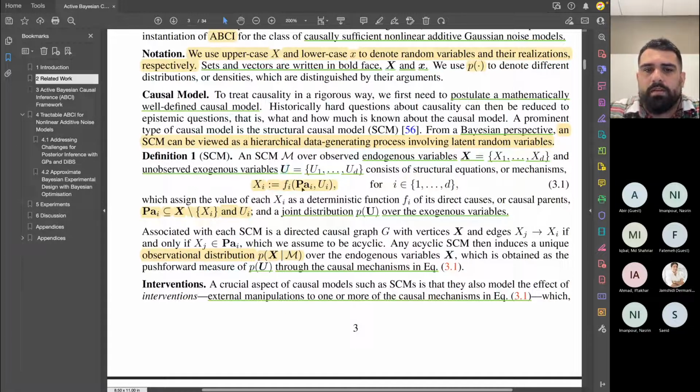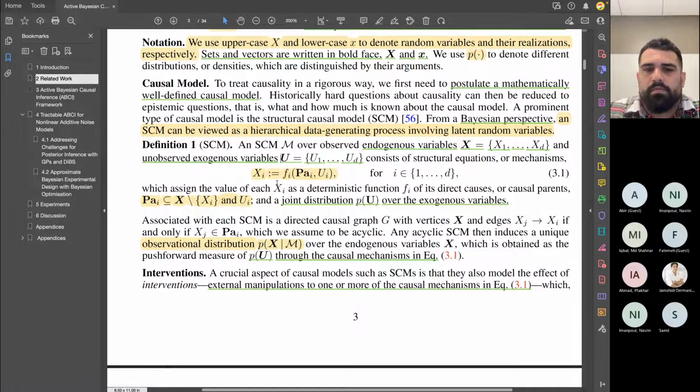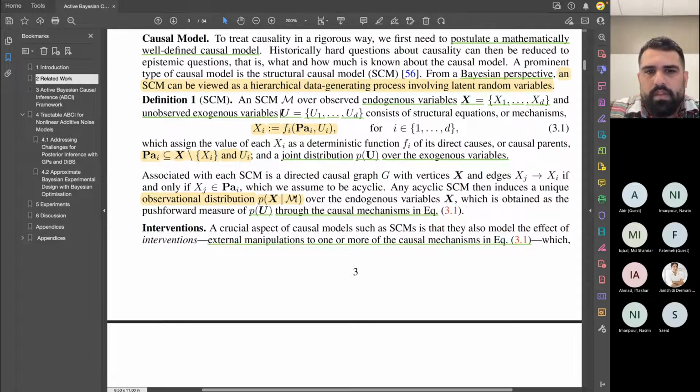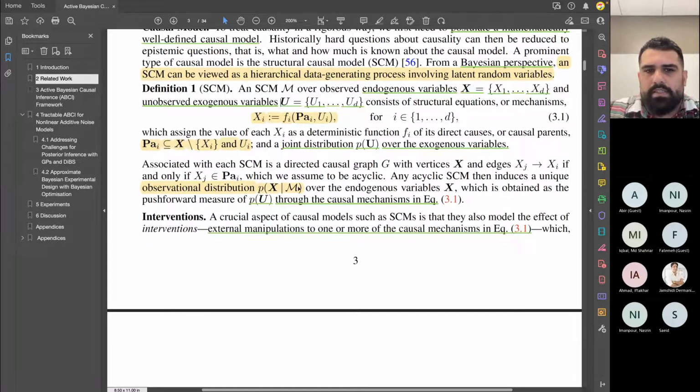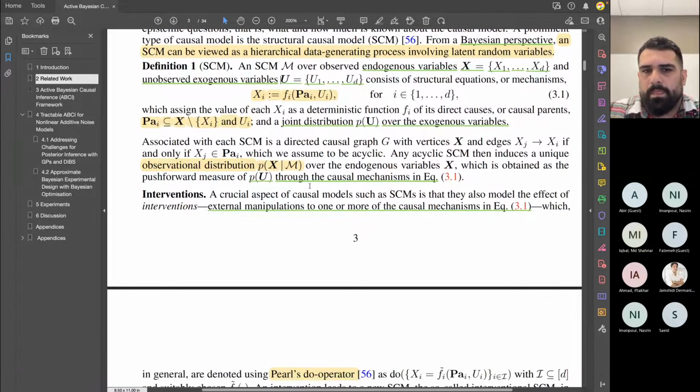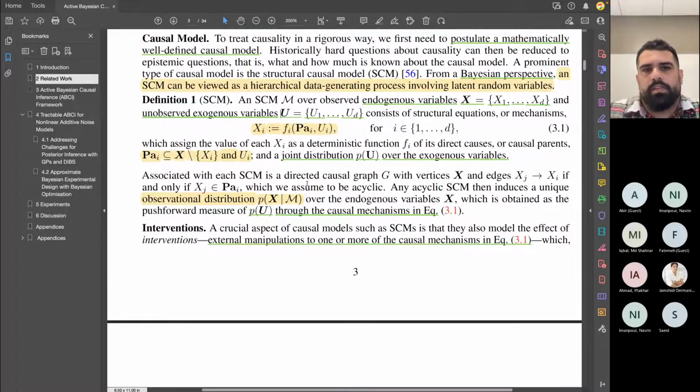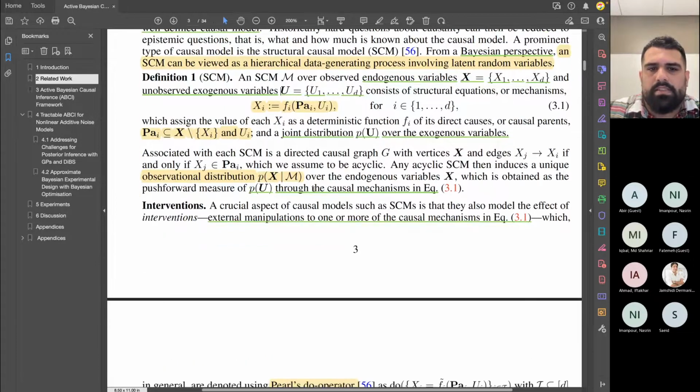They formulate it this way, with PA being the parents of a particular node i, and f being the deterministic function of the causal relationships. So they explain that, and it is obviously acyclic.